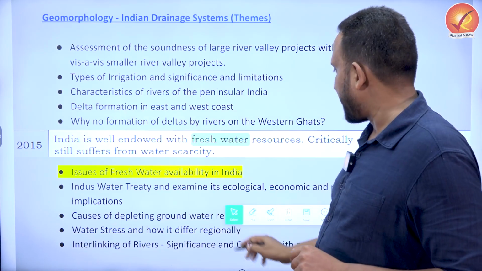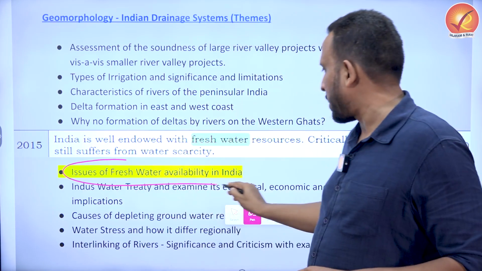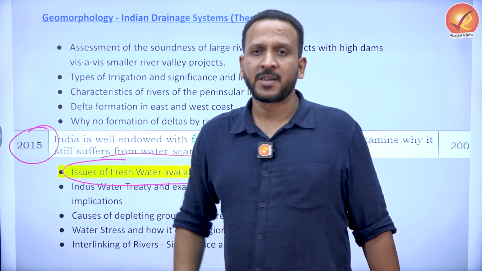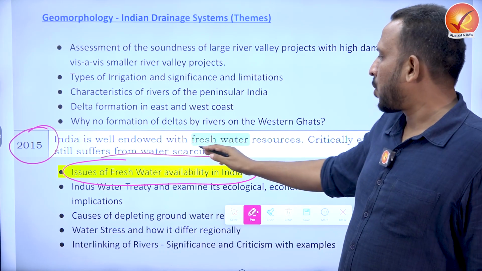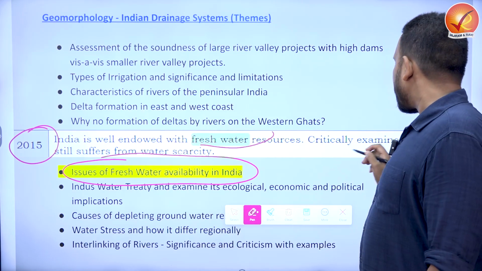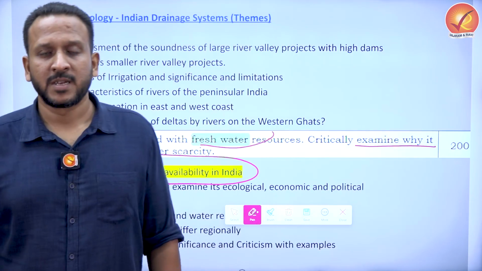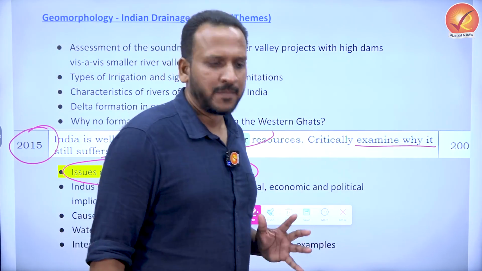So this particular theme, issues of fresh water availability in India, was asked in 2015. India is well endowed with fresh water resources. Critically examine why India still suffers from the water scarcity. 2015 का question है, right?